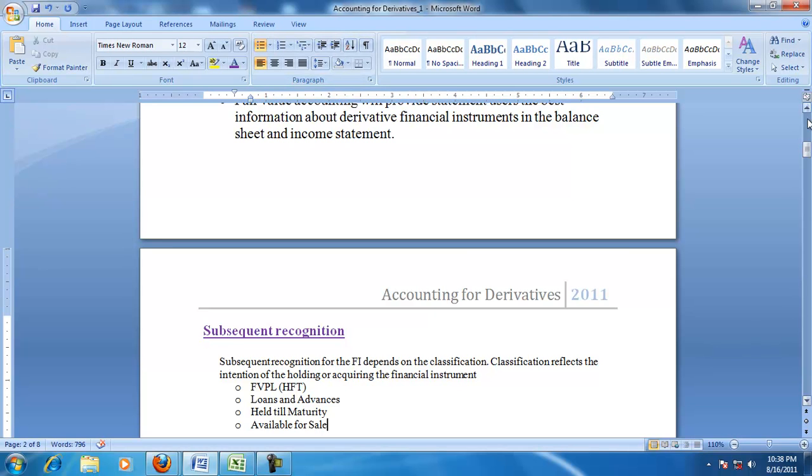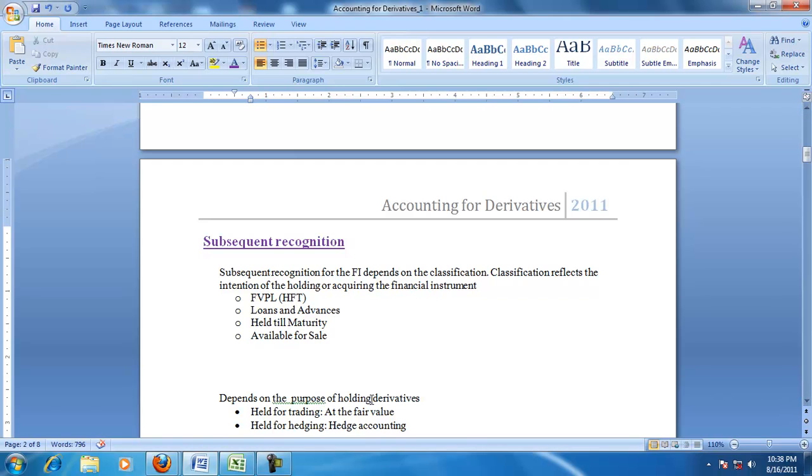So depending on the classification and the intention, the subsequent recognition is either fair value or amortized cost. The same principle applies for derivatives too.